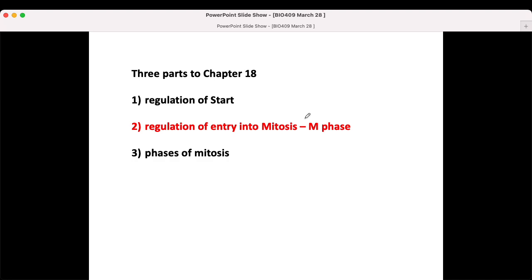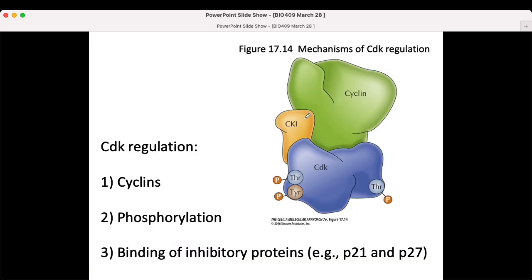It's that simple, that there's going to be a signal from damaging DNA that's going to cause the entry into mitosis to be blocked. Okay? So the first thing to say is that the entry into mitosis is controlled by a different CDK.